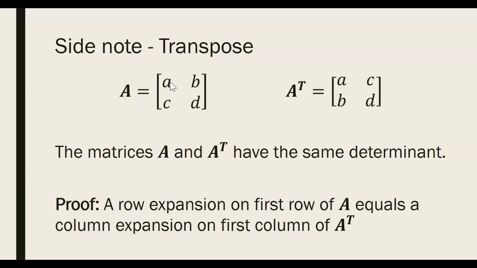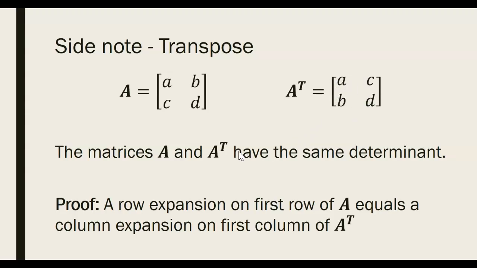Well, if you switch the rows and columns, the A and the D stay put, but because this B is in the first row, it has to move into the first column. Because this C is in the second row, it's going to have to move into the second column. So we still get AD minus BC regardless.